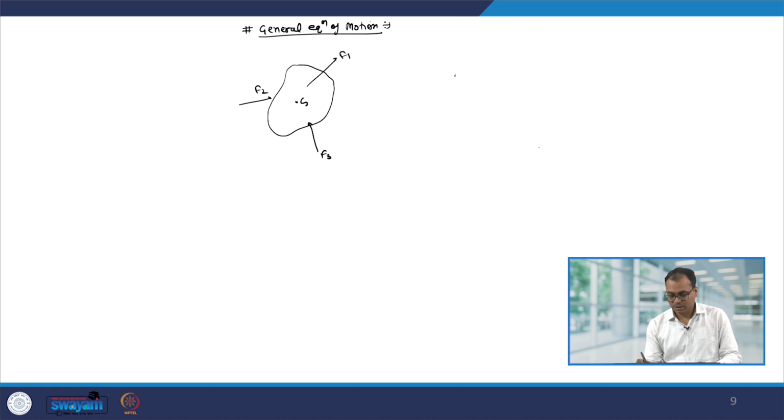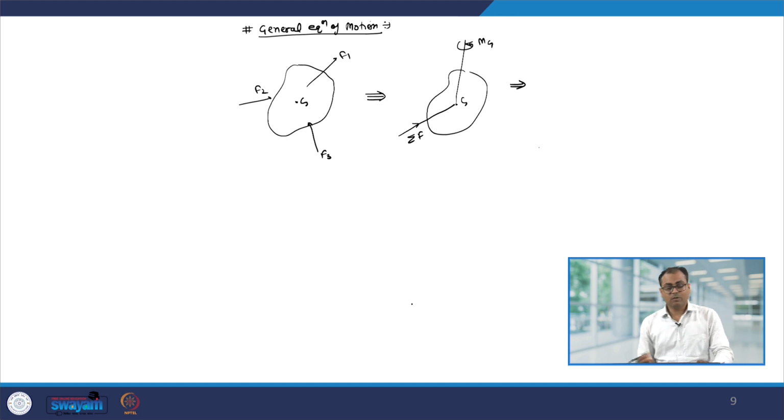So, let us say the chosen point is G, as if at G all the forces are acting and then there is a corresponding couple or the moment about the mass center G. And then we can write down the equation of motion.